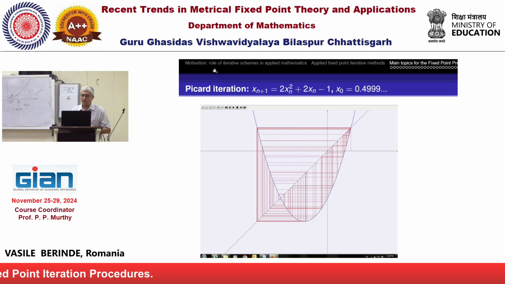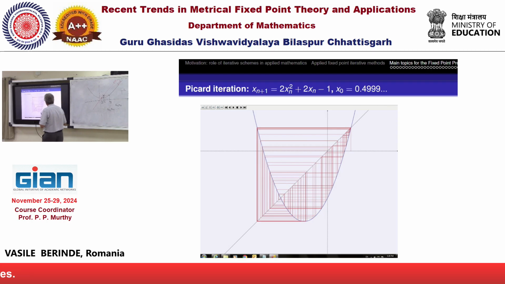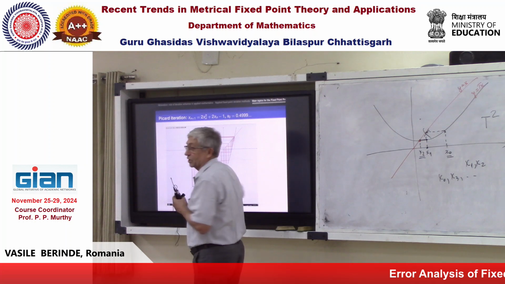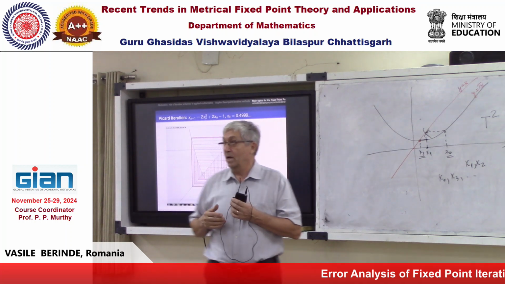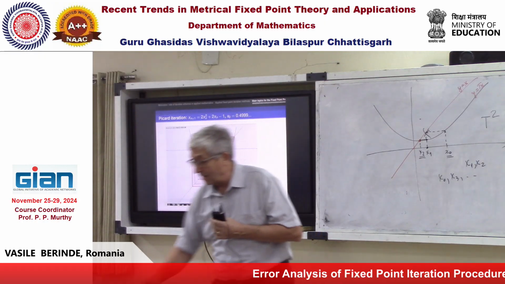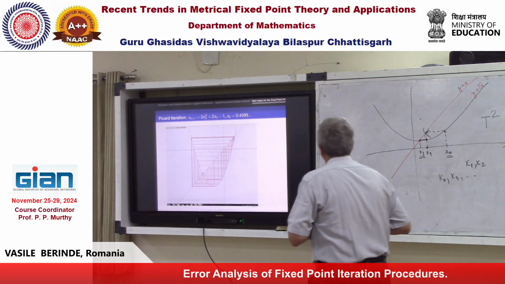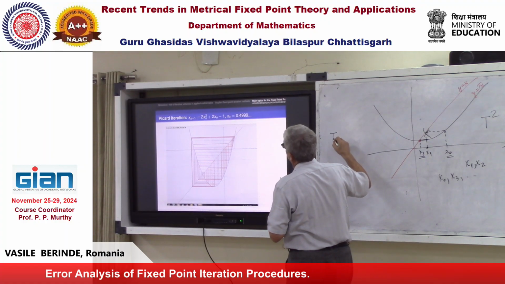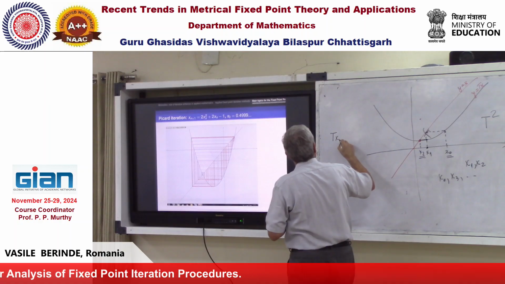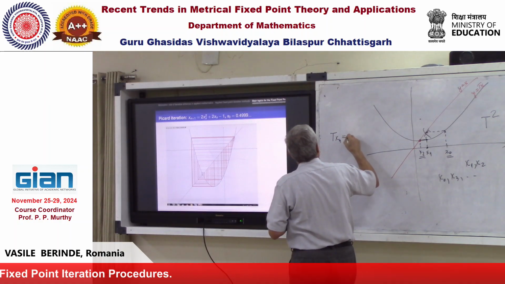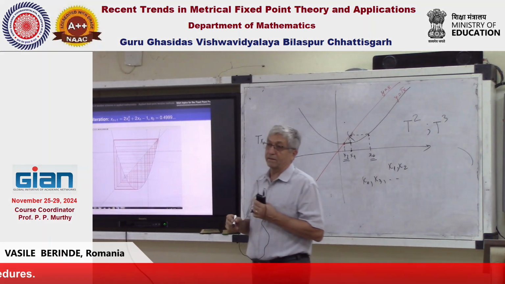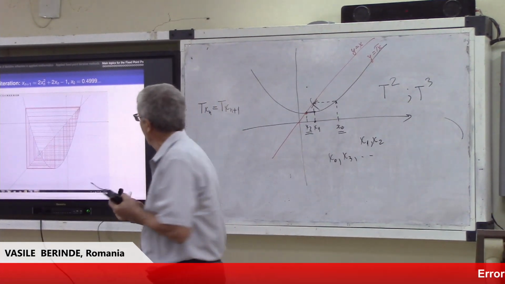As I explained, no trajectory will intersect another one, because if there were some intersection, then we'd get the fixed point. Look, if we have, let's say, t of xn equal to t of xn plus 1, then we have exactly reached the fixed point.